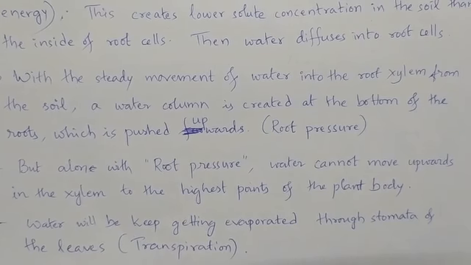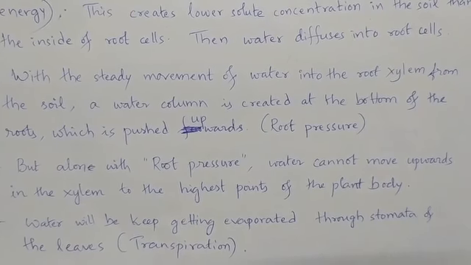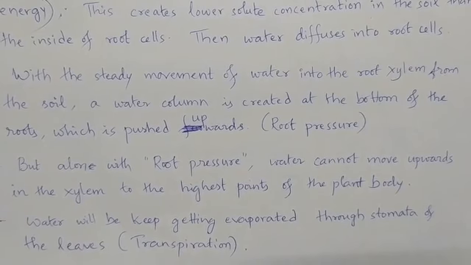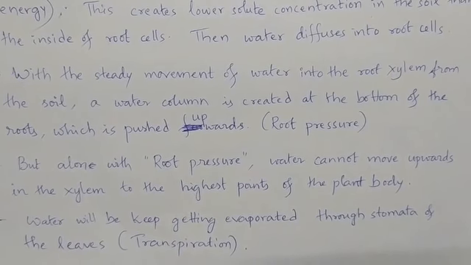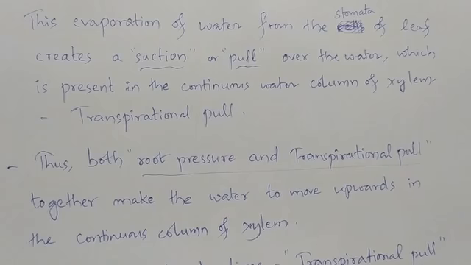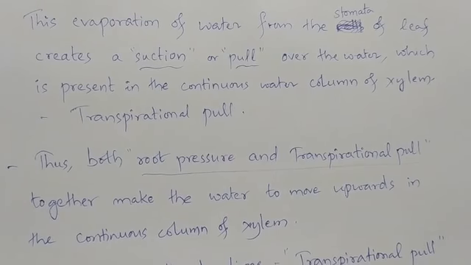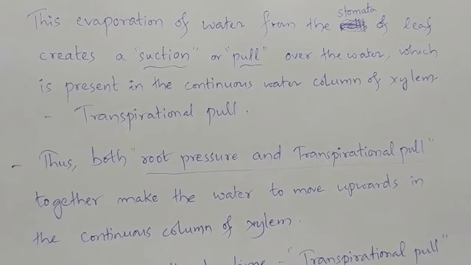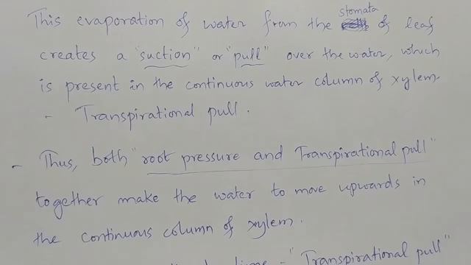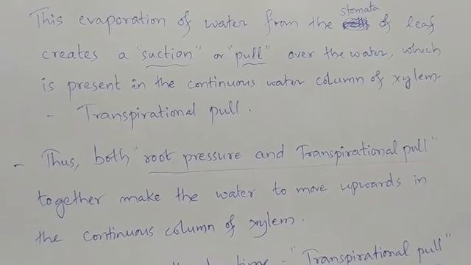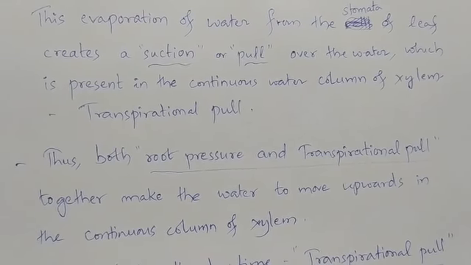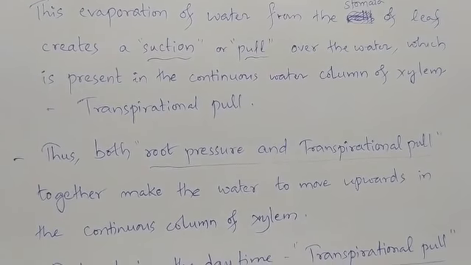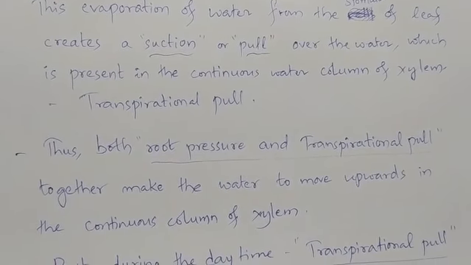Water keeps getting evaporated through the stomata of the leaves, which we know as transpiration. This evaporation of water from the stomata of the leaf creates a suction or pull over the water which is present in the continuous water column of xylem.